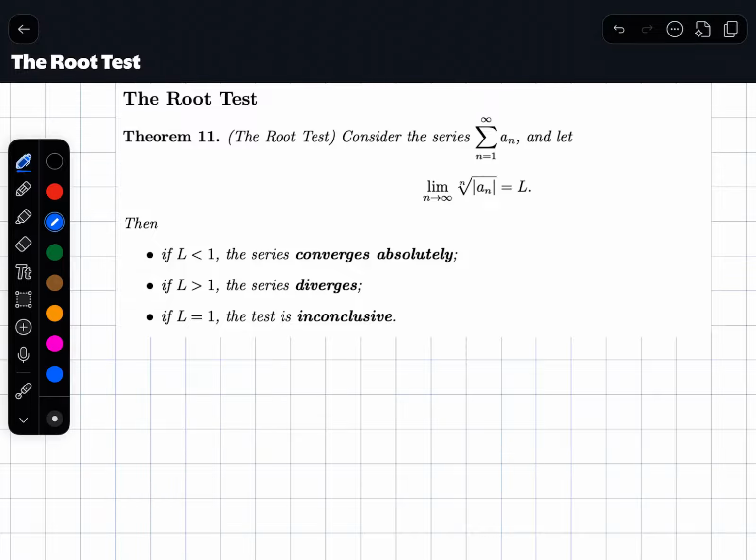So basically speaking, if you have this limit, then that means that for a large n, the nth root of a_n, and again, I'm pretending a_n is positive just for the sake of it, is approximately L for very large n.